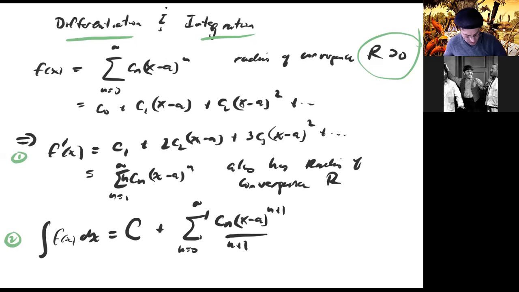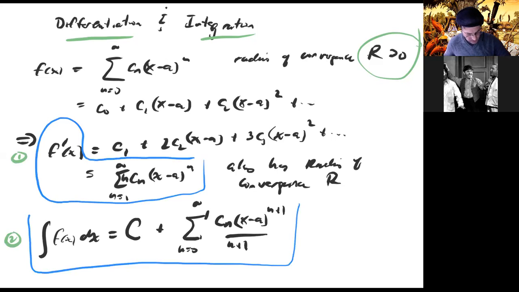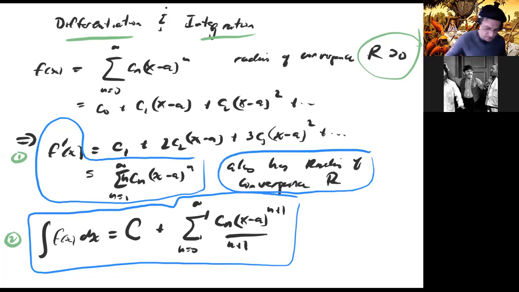So these are the two results that we have here. There's this one and this one here. And here the radius of convergence is always r in both cases, where r is the original radius of convergence of the original series. Okay, so let's see how this can be used to our advantage.